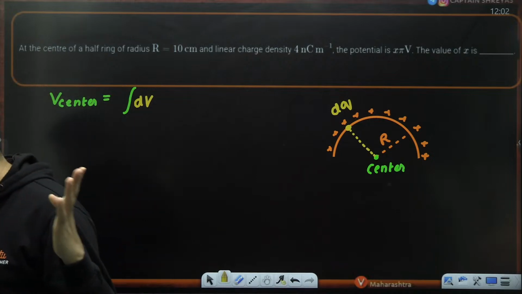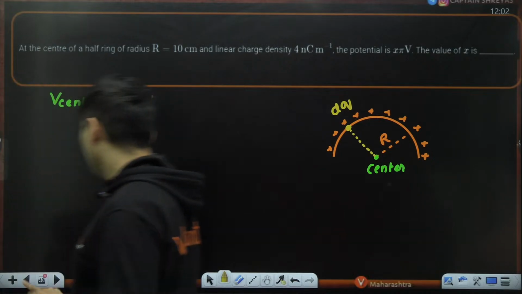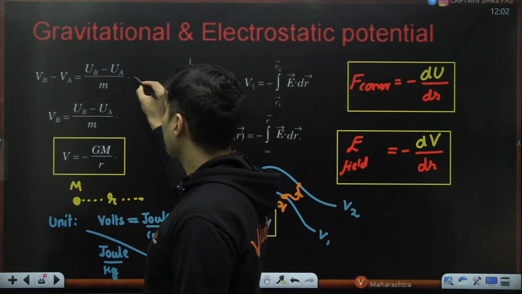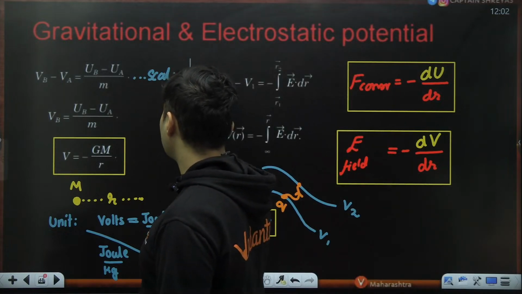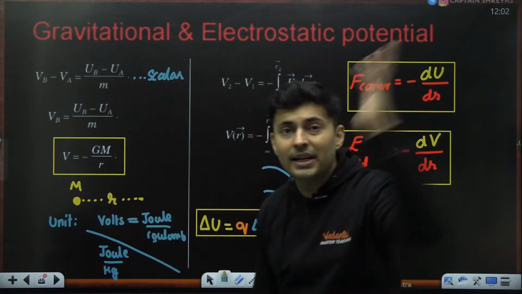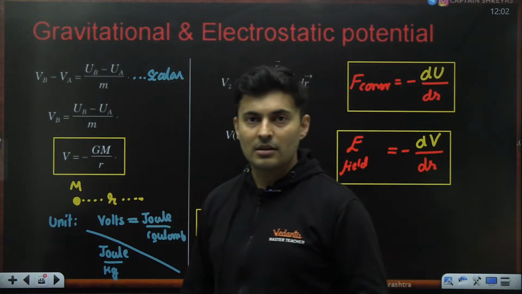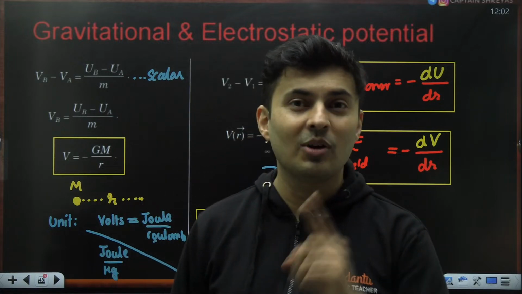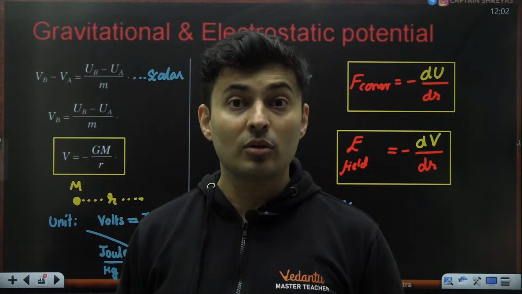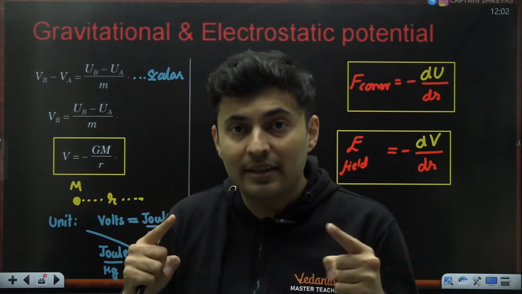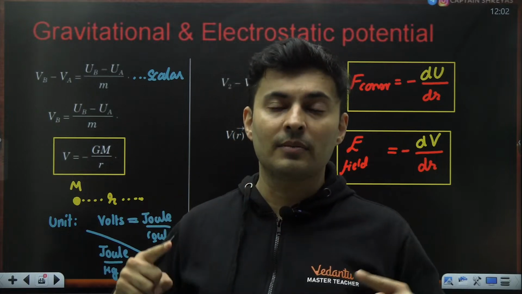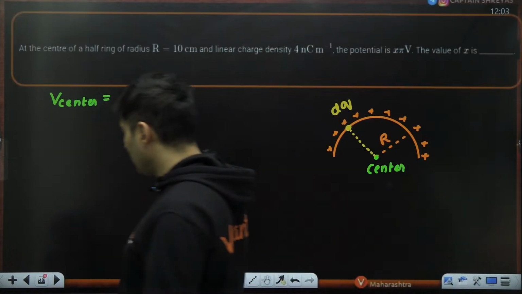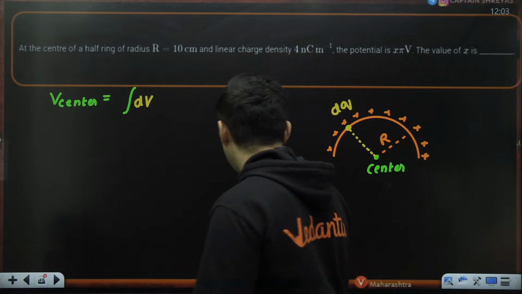And potential being a scalar quantity, I can just add it. Yes, remember, potentials are scalar quantities. You can just add them without worrying about their directions. That concern you would have for electric field, because electric field is a vector quantity. So in electric field you have to worry about the direction and do vector addition. But in potentials there are no worries, only the signs are important. You can just directly add them.